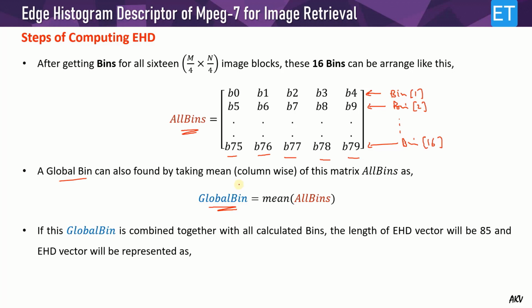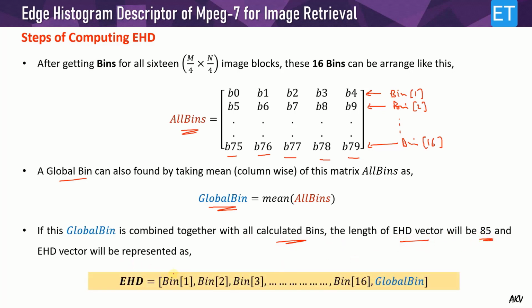If this global bin is combined together with all calculated bins, the length of the EHD vector will now be 85. Obviously, from bin 1 to bin 16 the length is 80, and this global bin also has 5 points, so the total length of the EHD vector is 85.